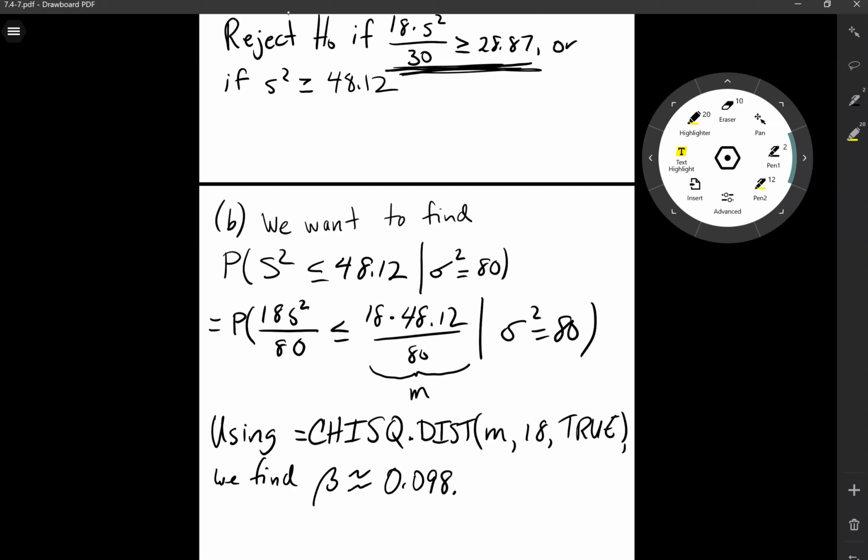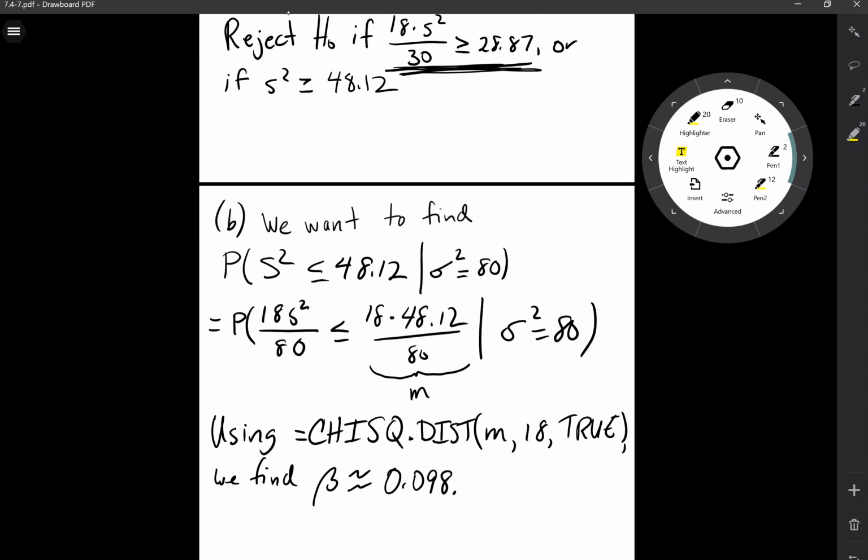All right, this is not in our standard chi-squared distribution form, right? Because we have to transform the sample variance. Now remember again, we're assuming that the variance is 80 here. So to transform this into the chi-squared distribution that we want to calculate the probability associated with, I needed to multiply by 18, n minus 1 again, but I need to divide it by 80 in this case, because remember, to calculate the probability of doing a type 2 error, the alternative is true.